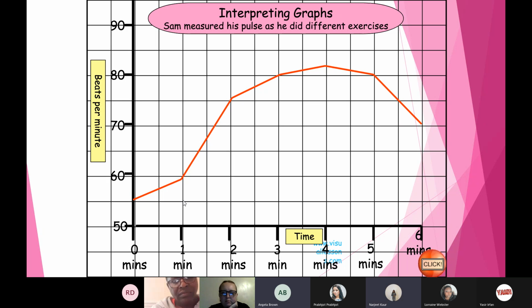So when you did an exercise for 1 minute, your pulse rate was just below 60 beats per minute. But another exercise at 4 minutes, your pulse rate was just above 82 beats per minute. So you could see how your pulse rate is affected over a period of time.